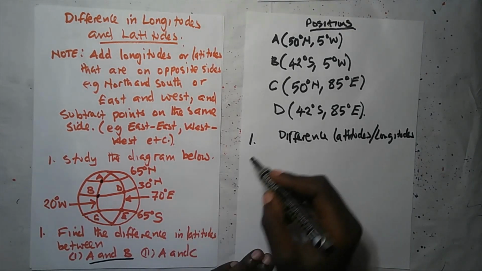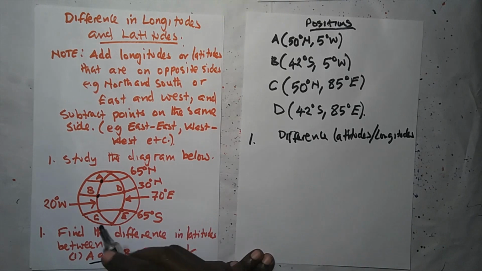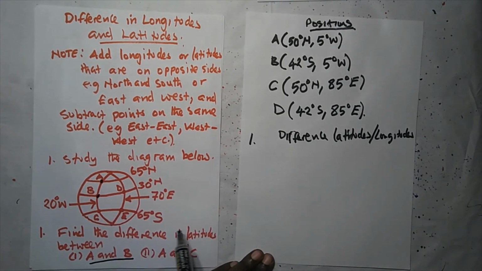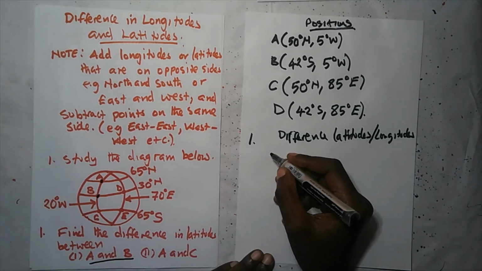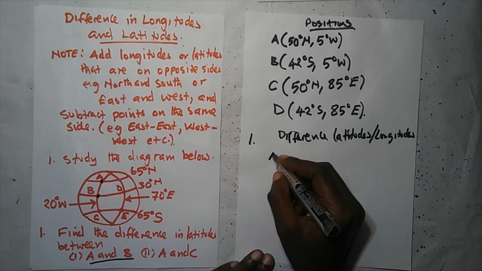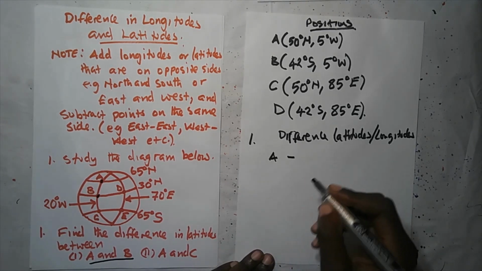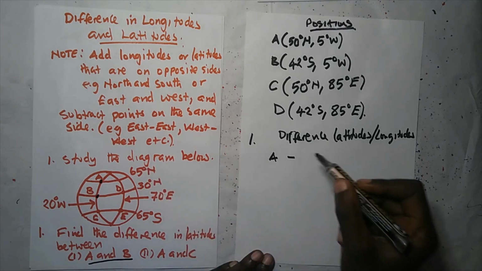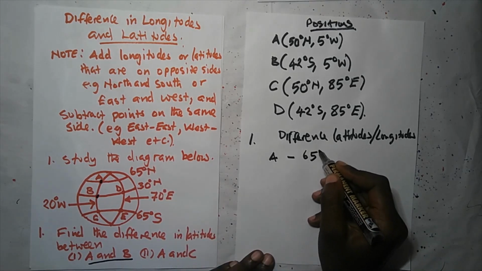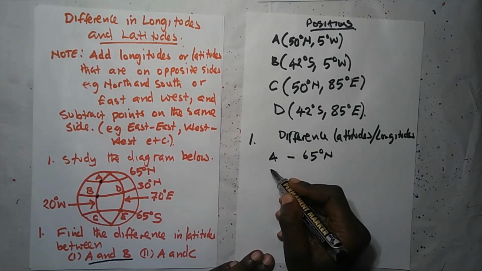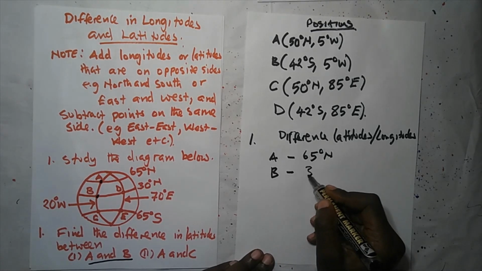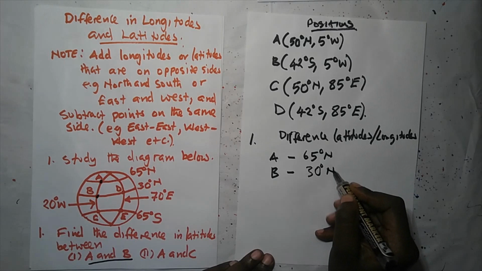Okay, so here in question 1 we have this diagram, and the first question says find the difference in the latitudes between A and B. So you have to check the latitude on which A is. A is on latitude 65 degrees north, and B is on latitude 30 degrees north.